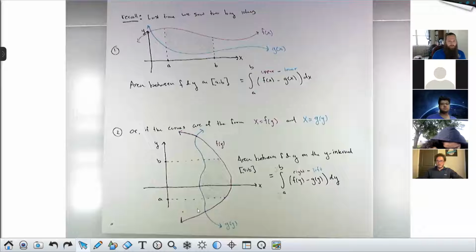Before I look at more explicit examples, the last thing I want to do is add a bit of detail to these pictures.